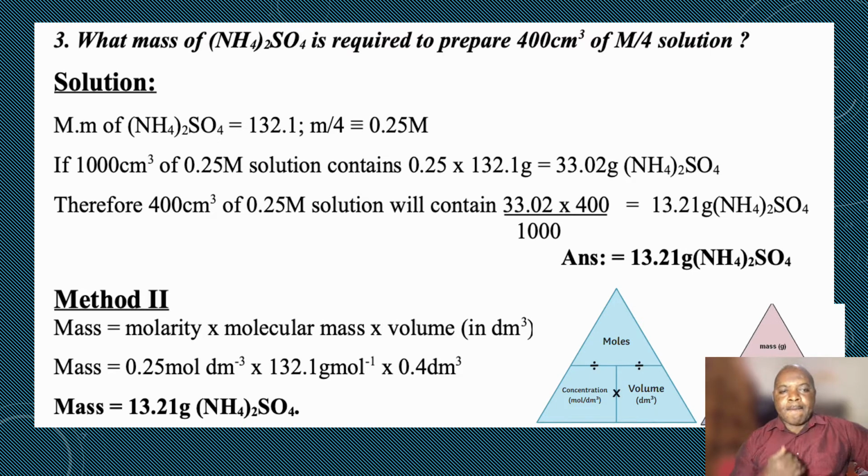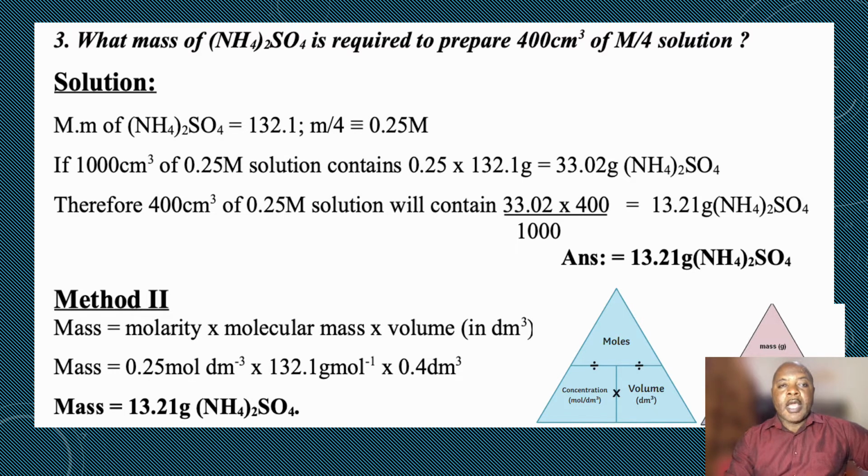However, method number 1 is, remember that this M over 4 is a 1/4 molar solution, which is equal to 0.25 molar. And the molar mass of ammonium sulfate is 132.1.